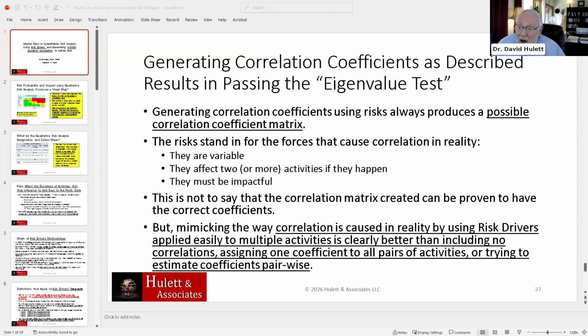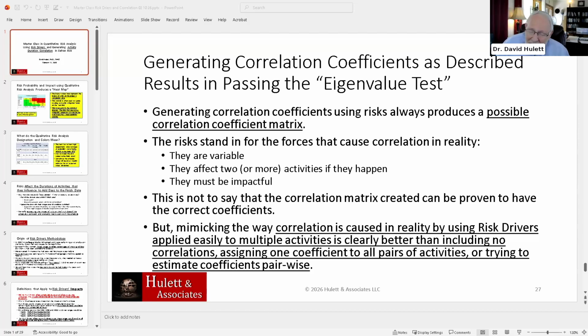And then if you go on the left and you say activity D and activity E are correlated 73%, well, you go on to the other side of the principal diagonal, and those two are backwards.